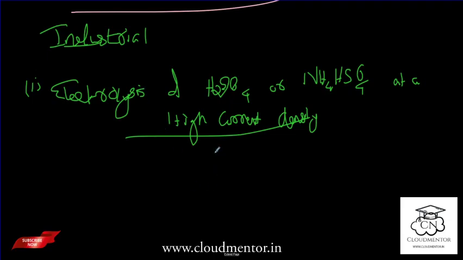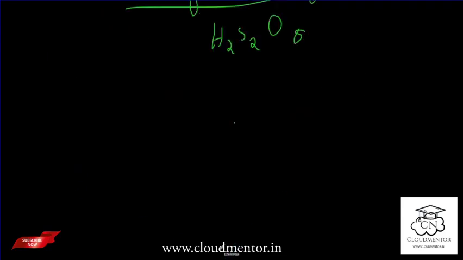It is persulfuric acid, H2S2O8, formed at the anode. The reaction is like this: H2SO4 is broken into H+ and HSO4-.